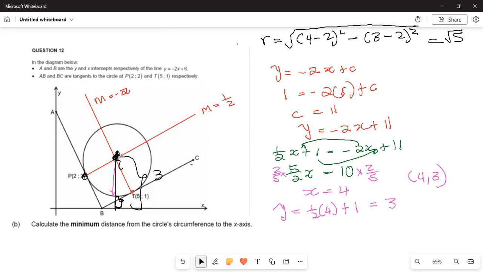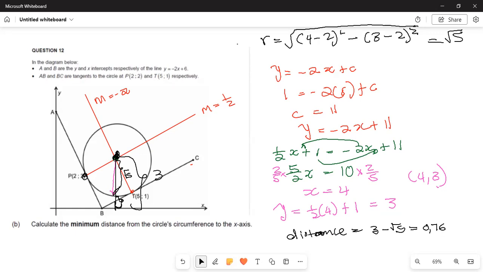And that distance from here to there is our radius, so it's the square root of 5. Therefore, the minimum distance would be 3 minus the square root of 5. You can also write it in its decimal form, which is 0.76.